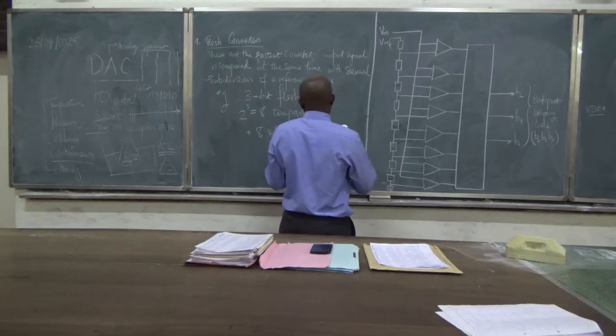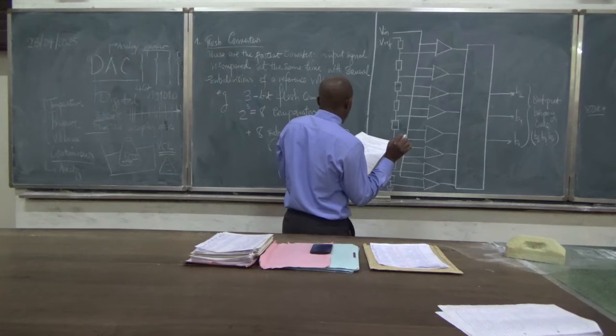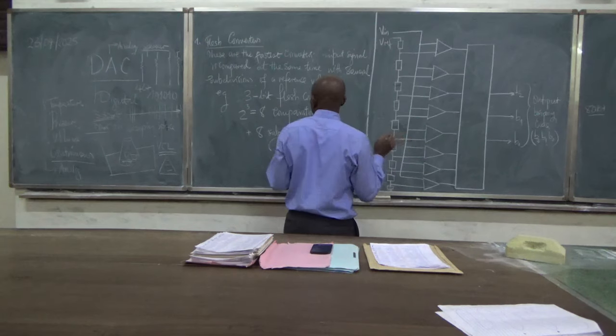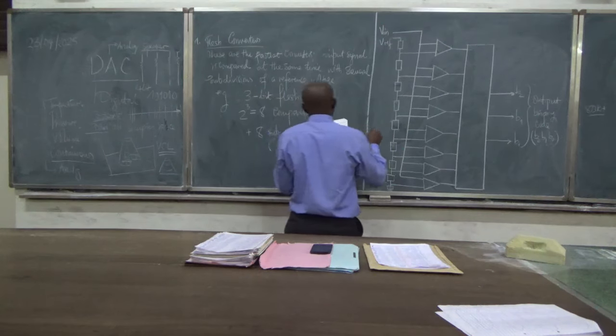So now the subdivisions. We have 8 of them, and this will be here.